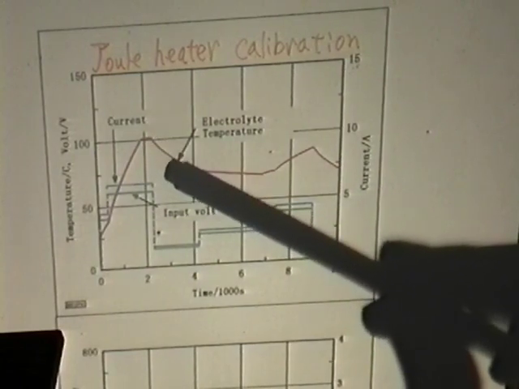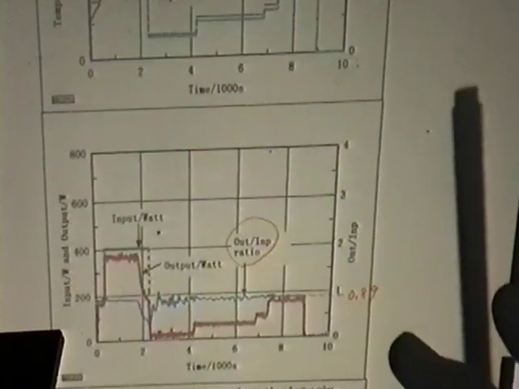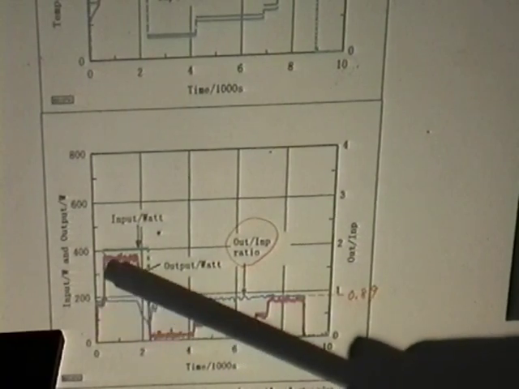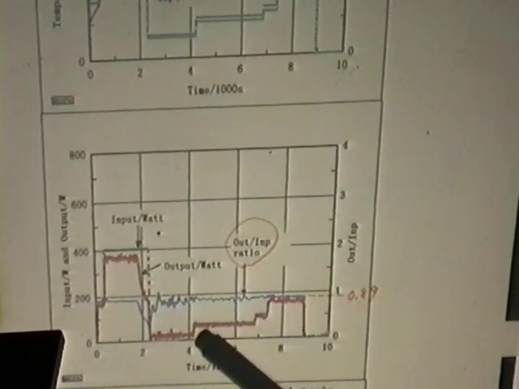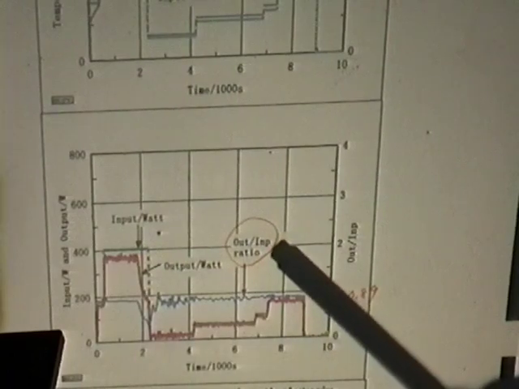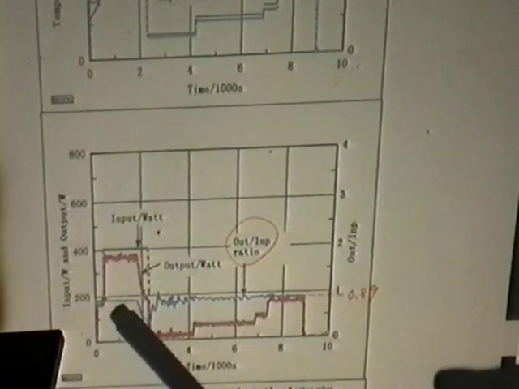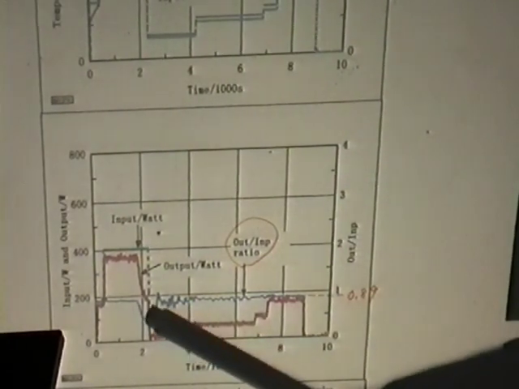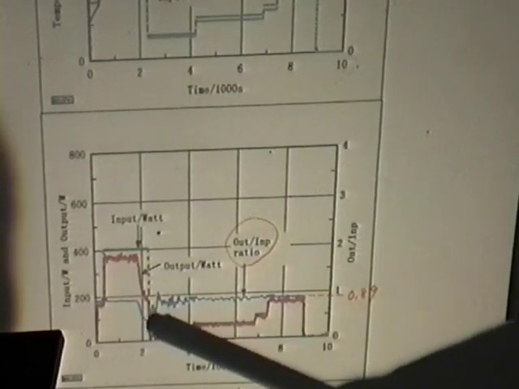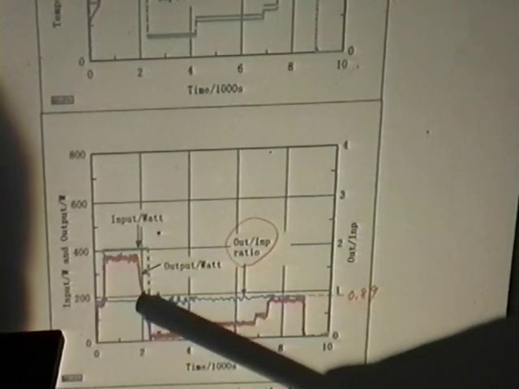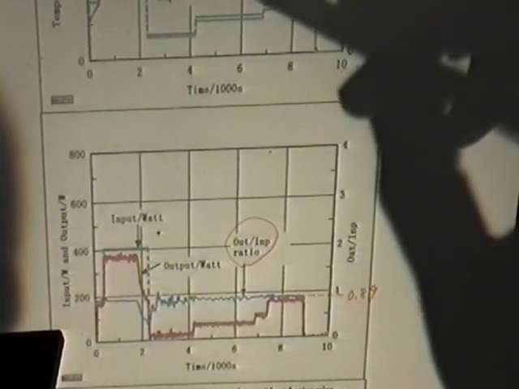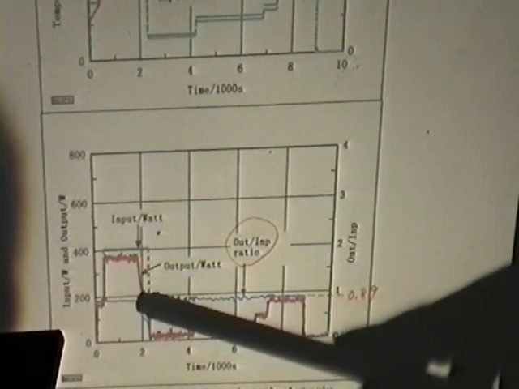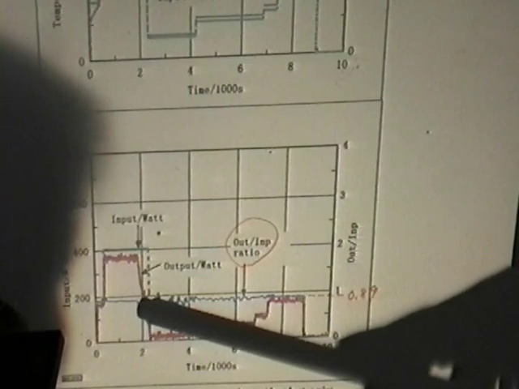Then we increased input power. In the lower graph, the input power is the green dotted line, and the red line is the output power. You can see the ratio of output to input is almost 0.89. But at this point, the recovery decreased because the temperature went up to the boiling point, meaning we did not consider the vapor contribution. So heat recovery decreased.